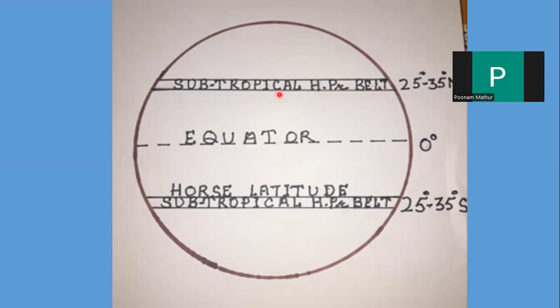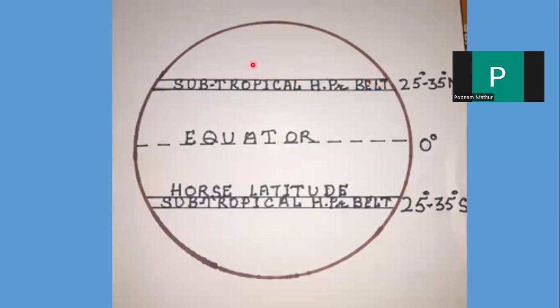We can say that the subtropical high pressure belt in both the hemispheres is a dynamically induced belt. Warm air from the equatorial region rises up. After reaching a certain height, it cools down. Cool air is heavy, so it settles at the subtropical high pressure belts.